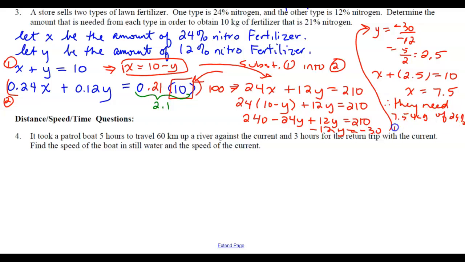And then they need 2.5 kilograms of 12% nitro fertilizer.